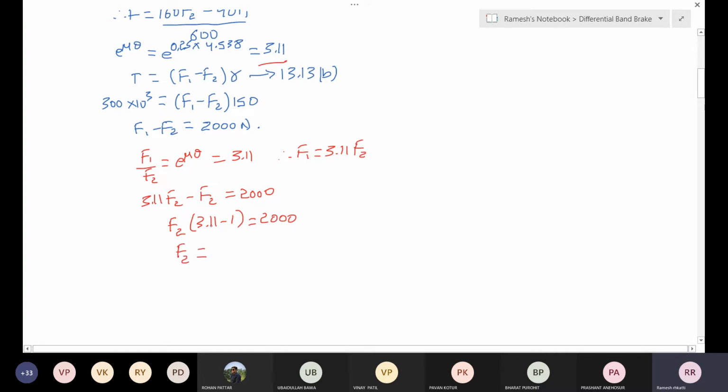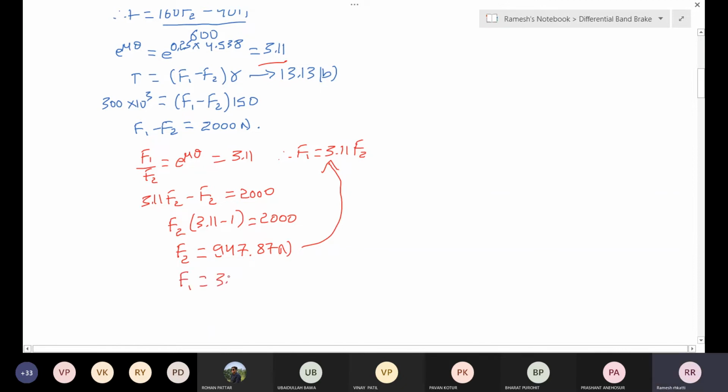F2 will be 2000 divided by 2.11. Therefore, F2 will be 947.87 Newton. Once you get the F2 value, you can substitute that in this equation to get the F1 value. F1 is nothing but tension in the tight side.